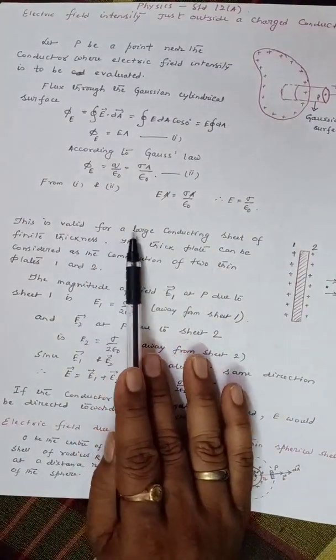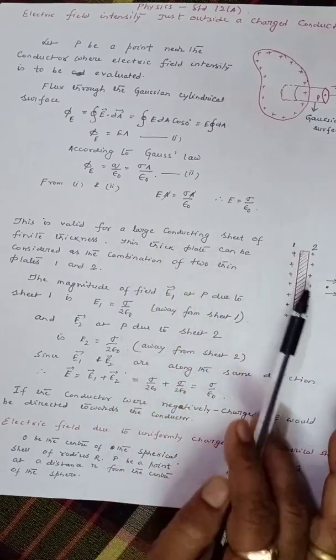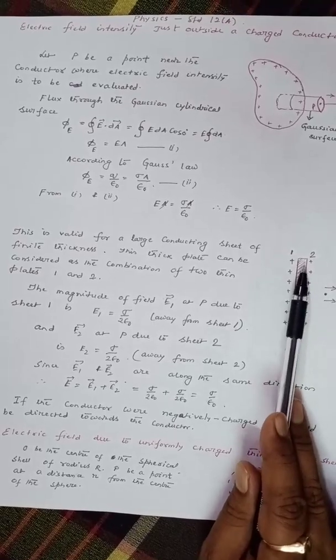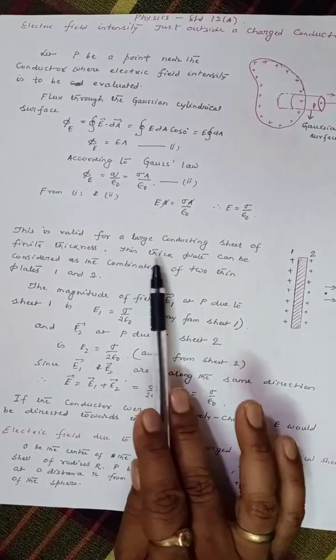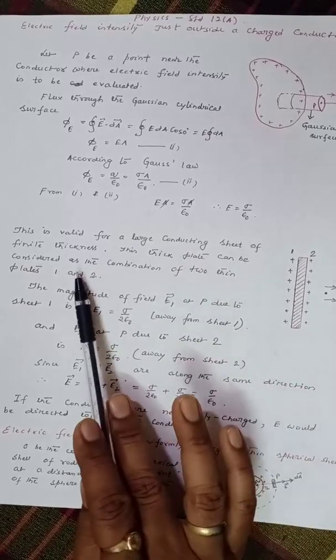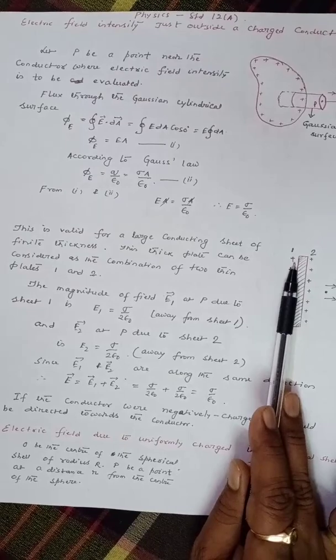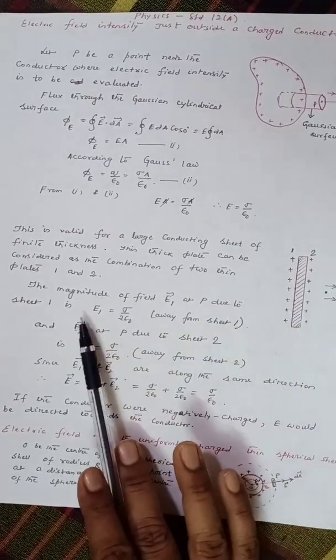This is valid for a large conducting sheet of finite thickness also. You can see in this diagram, this is a large conducting sheet having some thickness. This thick plate can be considered as the combination of two thin plates, 1 and 2. This side is one plate, this side is the other plate.